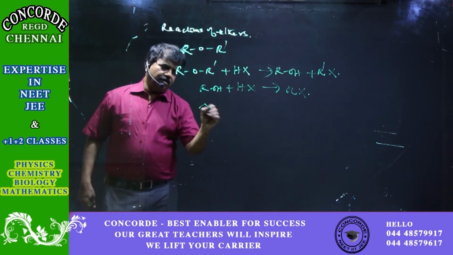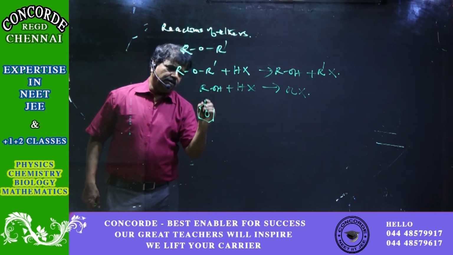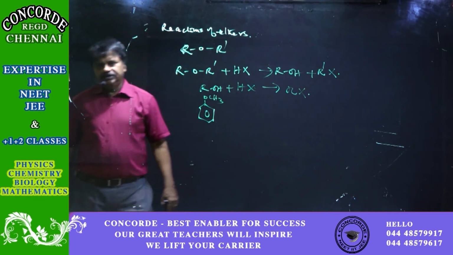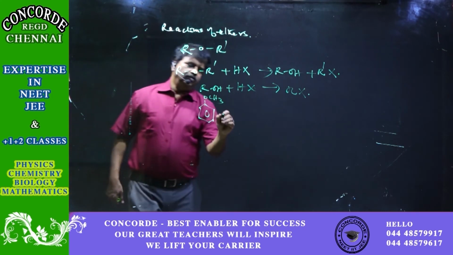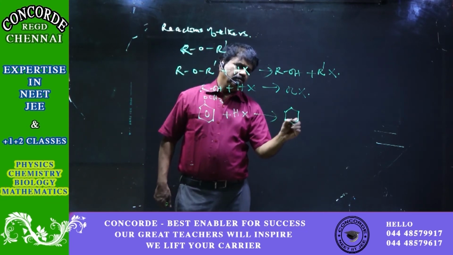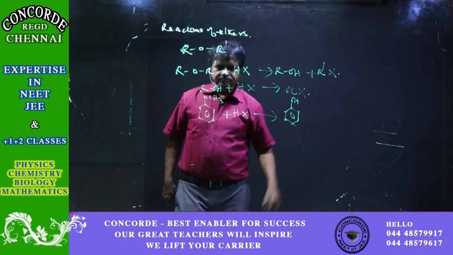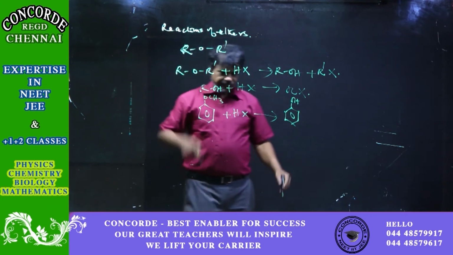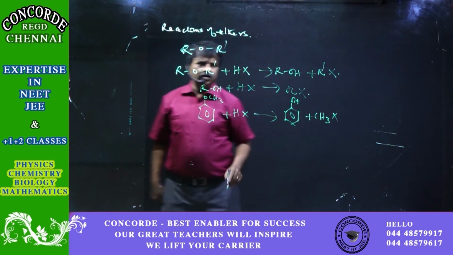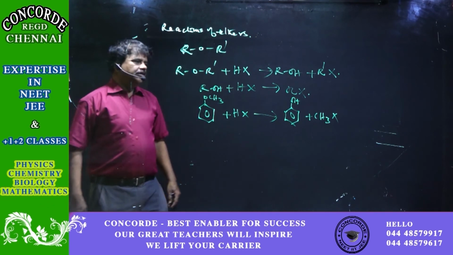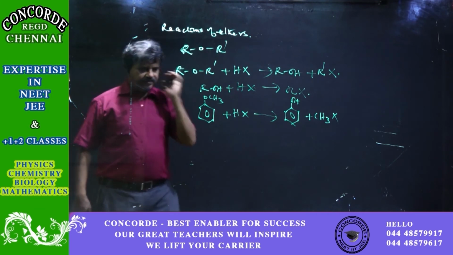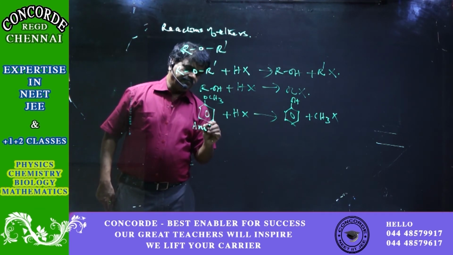In case it is an aromatic ether like this, when you treat this with HX, you get only phenol. It stops with phenol, and further conversion of phenol doesn't take place. The name of this compound is anisole.